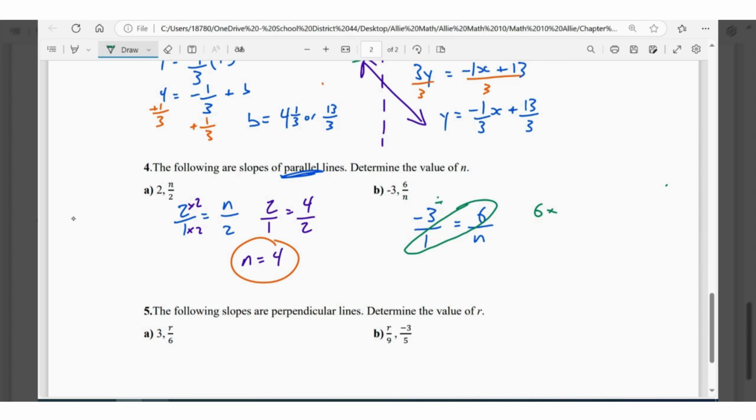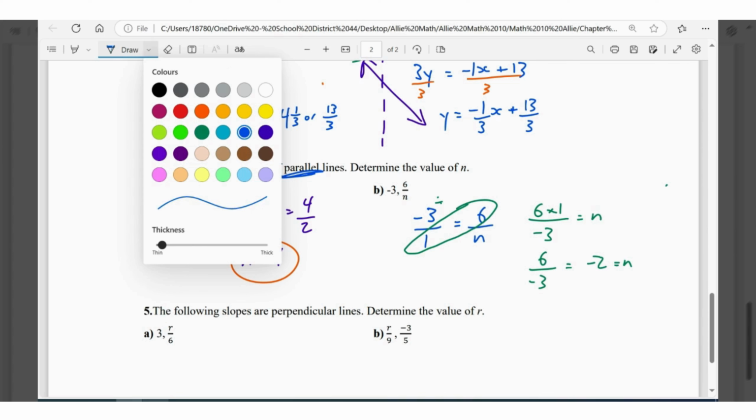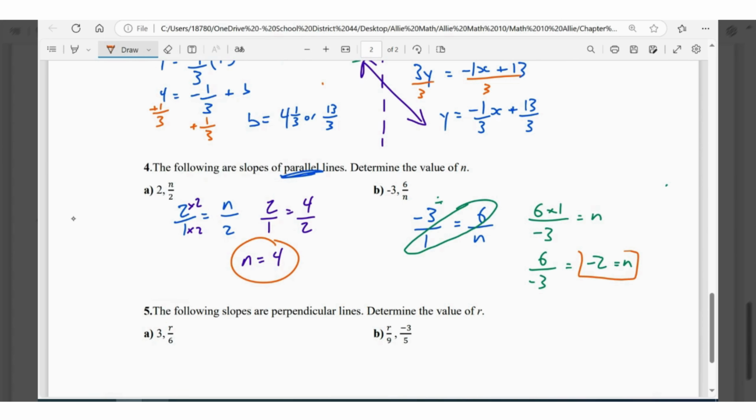So if we go 6 times 1 divided by -3, we'll get n. And 6 times 1, 6 divided by -3 equals -2. So n should equal -2. And then let's see, does that seem to make sense? Does it seem to be true that 6 divided by negative 2 gives us negative 3? Yes, that does seem to be true.